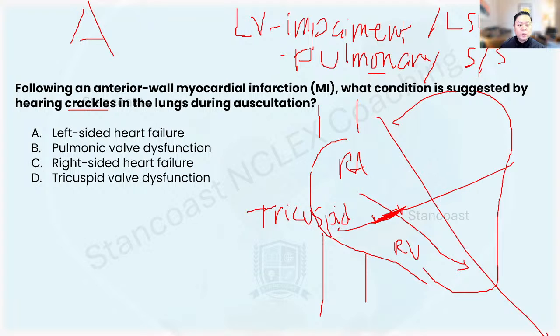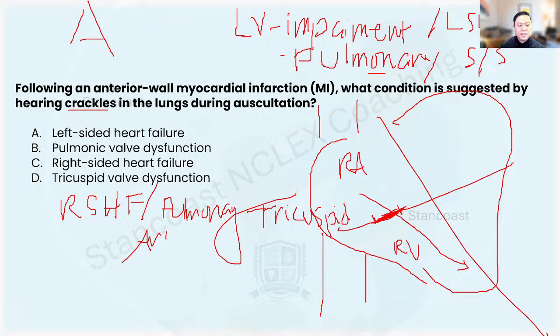However, if we are going to be worried about the right side or right-sided heart failure, or let's say the pulmonary artery, the manifestations that we should be expecting are those systemic manifestations. I'm talking about edema, weight gain, okay?